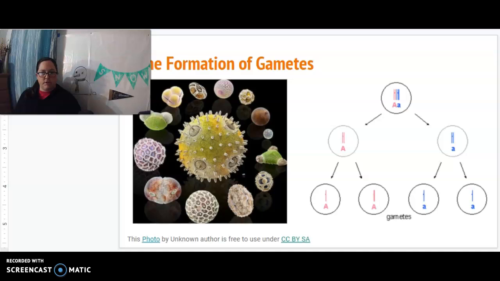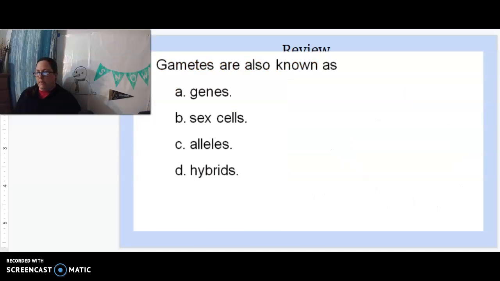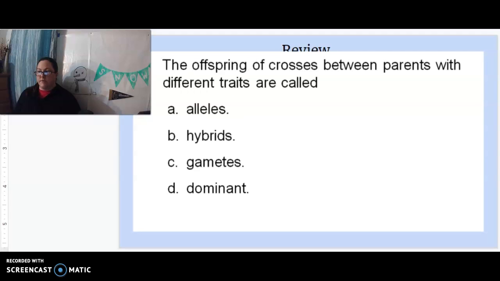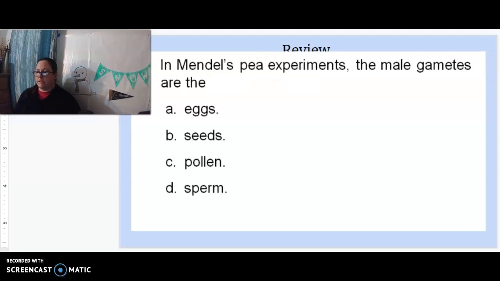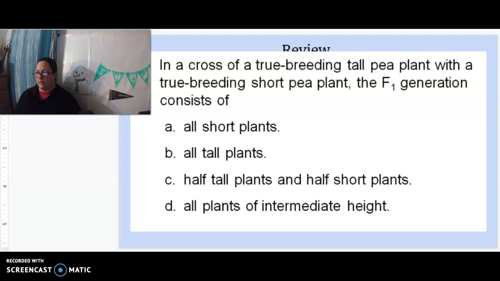All right, so here's some questions for you. Take a look and see how you do. Gametes are also known as, I'll have the answers at the end. The offspring of crosses between parents with different traits are called, feel free to pause if you need. In Mendel's pea plants, the male gametes are blank. In a cross of a true breeding tall plant with a true breeding short pea plant, the F1 generation consists of what?